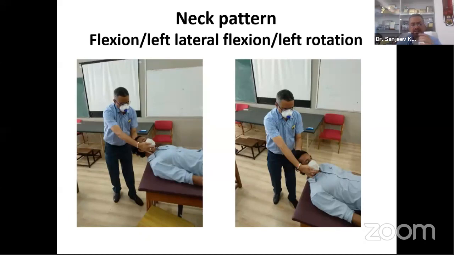So this is a very interesting thing. If you can just see, I'll tell you a few more things here. Position of the patient: it is at a particular angle, in step standing, and the grip is at the chin and the other at the occiput. What are we going to do? Flexion, lateral flexion.